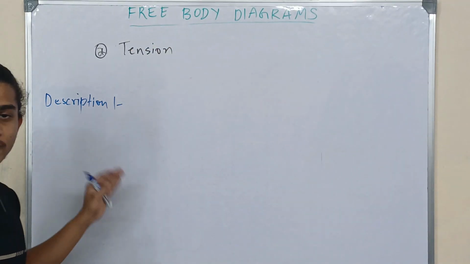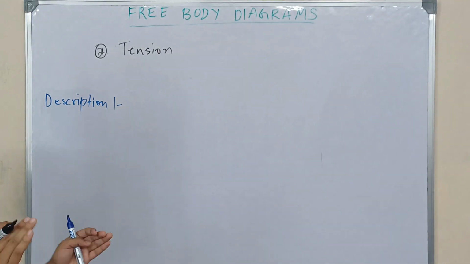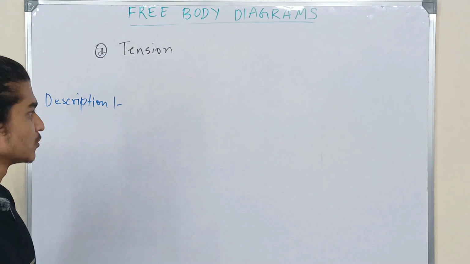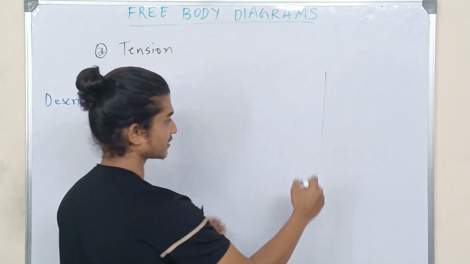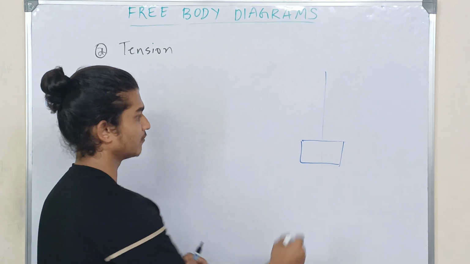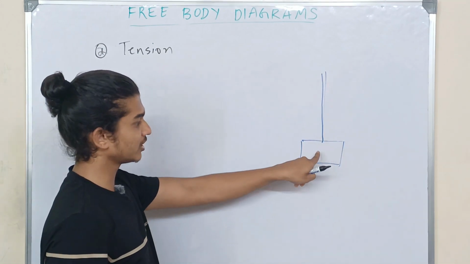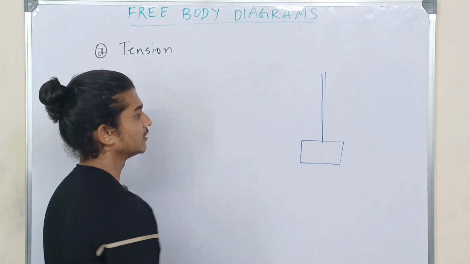The second type of force we're going to discuss is tension due to strings. Now tension is just the pulling force due to a string. So suppose you have a string and you have a mass attached to it. The pulling force which this string exerts in order to keep this mass stationary is nothing but tension force.